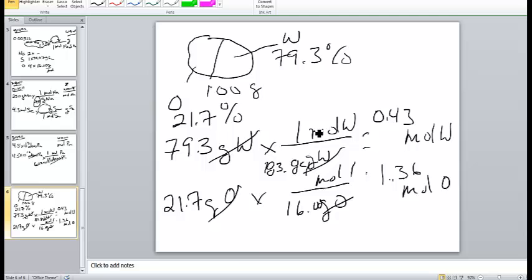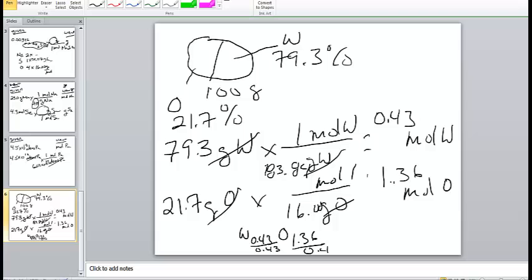So now my next step is to express this as the ratio. W is 0.43. O is 1.36. Now divide by the smallest number, 0.43. So when you do this, you're going to get W1, and then O turns out to be 3.15. And right there, that's a difficult ratio. And you have to ask yourself, is 3.15 equal to 3?